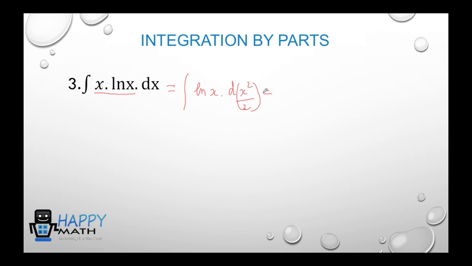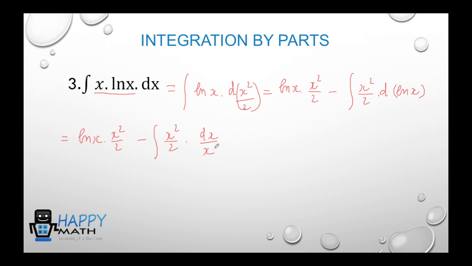So you have to make a new main function and multiply them together and minus the integration of the d of the lineage. When you take the d of the lineage, you will get the new function times dx divided by h.